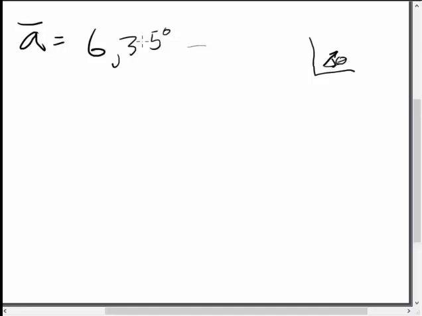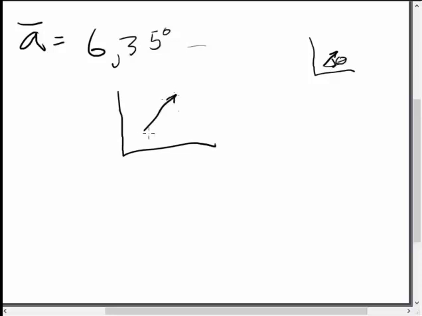So what we normally do, in 2-space, in our Cartesian coordinate systems, is give the x and y coordinate of the vector. So we have our 2-space here, and I've got a vector.